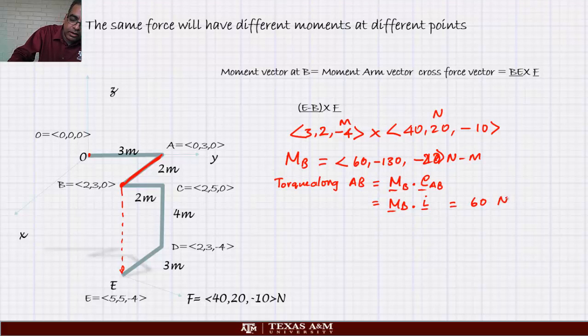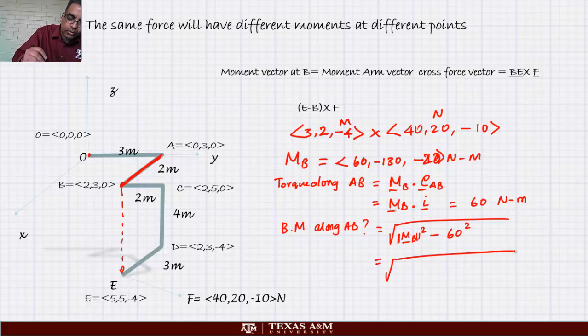That's 60 Newton meters. What about the bending moment along AB? It will be the square root of the magnitude of MB squared minus 60 squared, which turns out to be the square root of 130 squared plus 20 squared Newton meters. Got the idea, right?